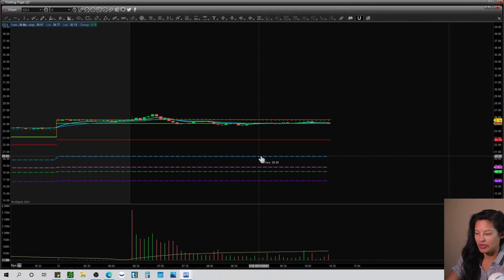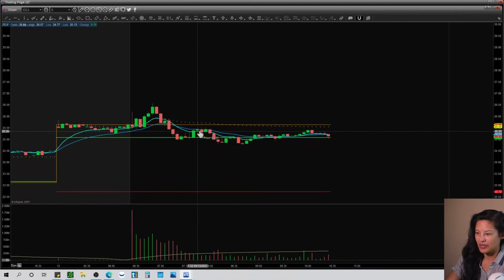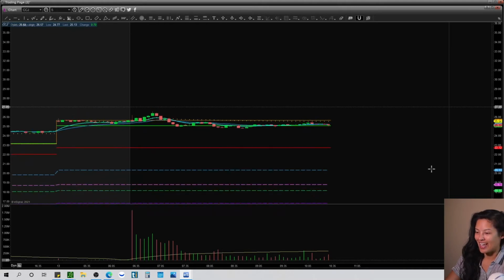So the blue is the 20, and I keep the colors the same. So this blue up here is going to be a 20 exponential moving average, but this one is based off of the 5-minute chart, and the dashed one is based off of the daily chart. And that's how I know the difference.